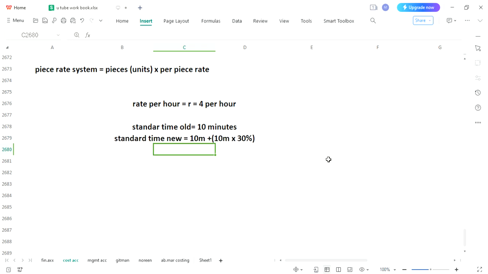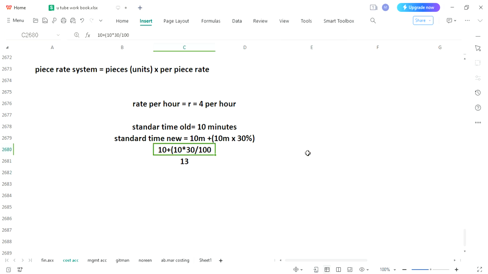How would you calculate? It's simple. You will write 10 and then add, in brackets, 10 multiplied by 30 divided by 100. Alright, you can see it. So instead of direct calculation, I will put it as a statement so that you can remember it. So here now we can calculate it. Alright. So we have 13 as our standard time.